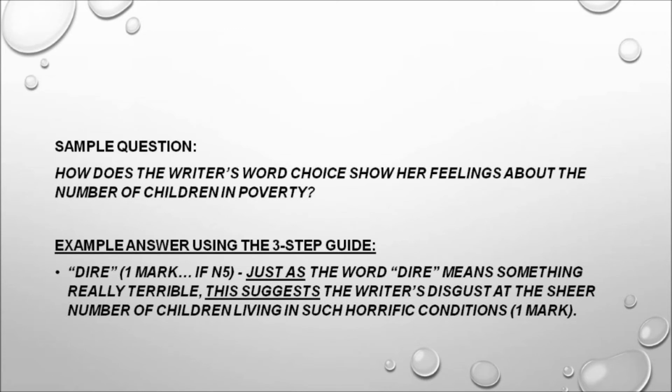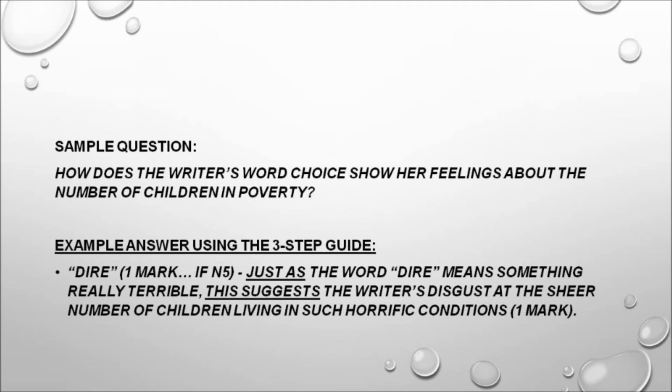So a sample question would be something like this. How does the writer's word choice show her or his feelings about the number of children in poverty? So if we're going to answer using the 3-step guide that I've tried to teach you, this is how you would lay it out, and this is how you should lay out a word choice question in the exam. So jump straight to the quote. I would also bullet point, especially if you've got more than 2 marks to get. So quote, dire. So this is an example from the little sentence from earlier.